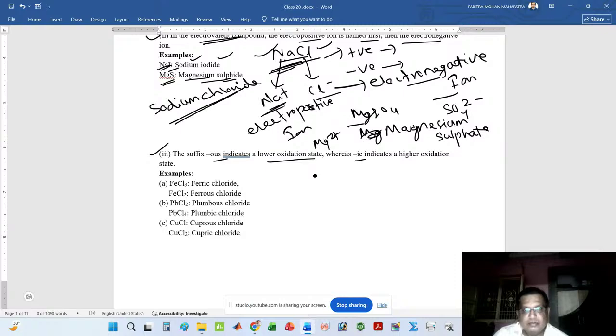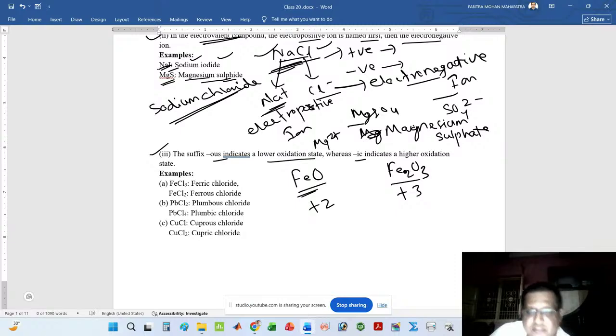Suppose think about two compounds. Suppose think about FeO. Another is, suppose take, Fe2O3. In FeO, the iron having the oxidation number is your how much? That is your plus 2. But here in Fe2O3 the iron having the oxidation number is your plus 3.